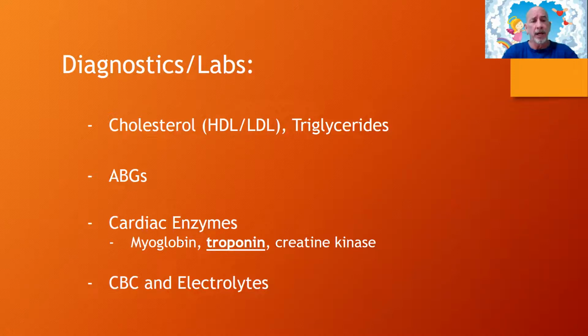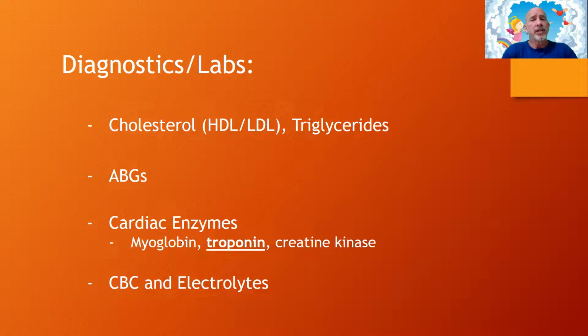Now, when somebody does come in with chest pain and you want to run diagnostics on them, that's when we get into the cardiac enzymes. Now, cardiac enzymes, it's really pretty simple. When you're having a heart attack, part of your heart muscle is being deprived of oxygen, and that tissue is dying.